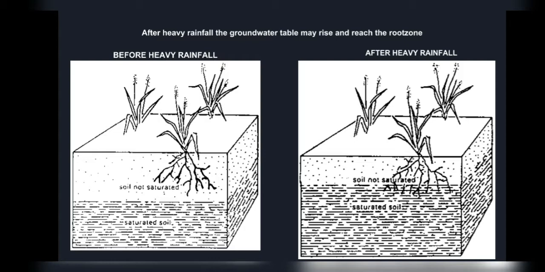To achieve sufficient percolation, farmers will apply more water to the field than the crop needs. But the percolating water will cause the water table to rise. Drainage to control the water table, therefore, also serves to control the salinity of the soil. So here are two pictures: before heavy rain and after heavy rain.